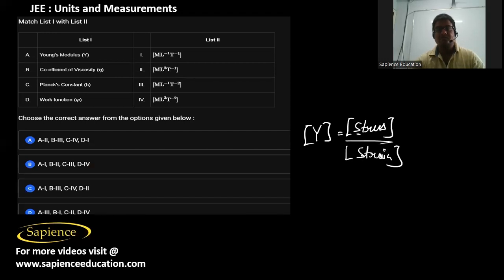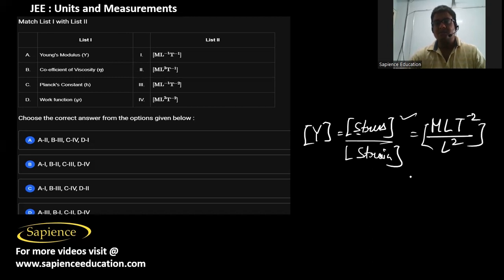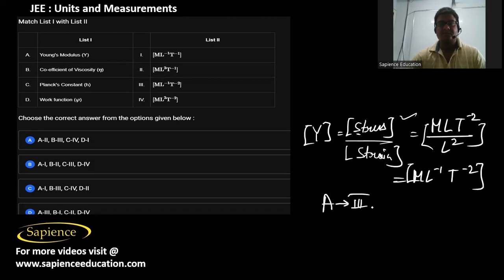So the dimensional formula for stress is force by area, M L T power minus 2 by L square. So that will be M L power minus 1 T power minus 2. So A will match with 3.